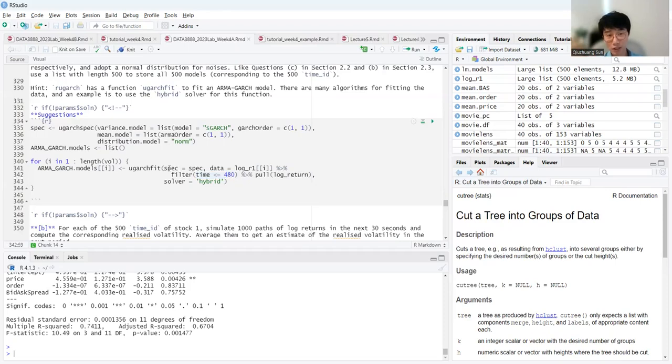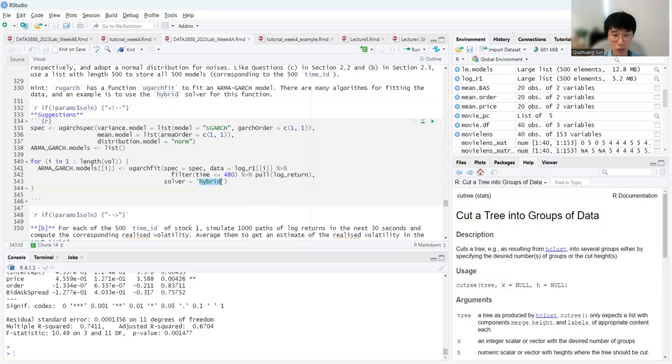So essentially, it pulls all the training data of this time series of log returns and feeds this data. For the solver, we use a hybrid. There are many kinds of solvers; some are more efficient, some are more robust. A hybrid solver is a more robust solver.